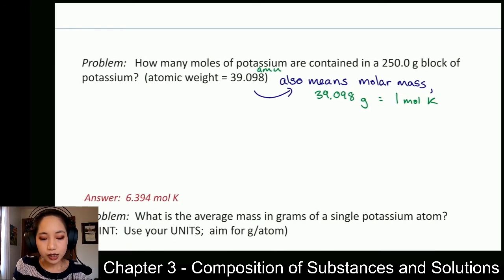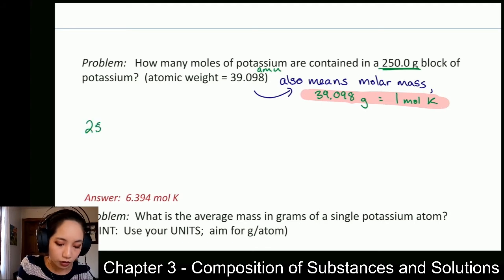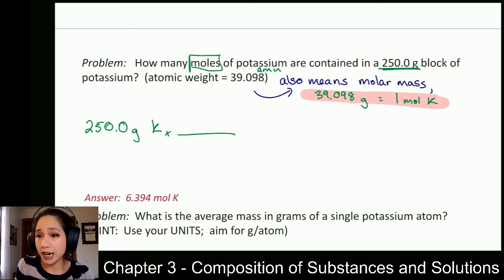All right, and so since this problem is asking for moles of potassium, we want to use this equality in a calculation. So if we start with the number that's given here, 250.0 grams of potassium, and this is our goal, we want to know how many moles of potassium there are.